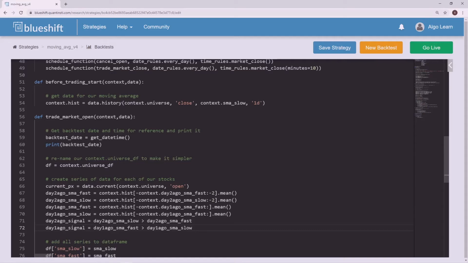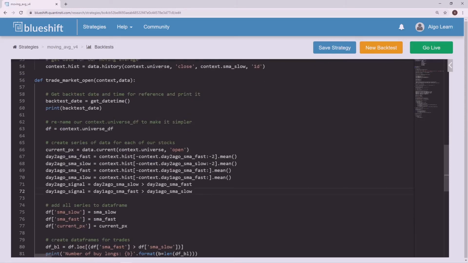So anyway, now what we need to do is add all these series to our data frame. All right, so let's go ahead and get started. We're going to start with day 2 ago.